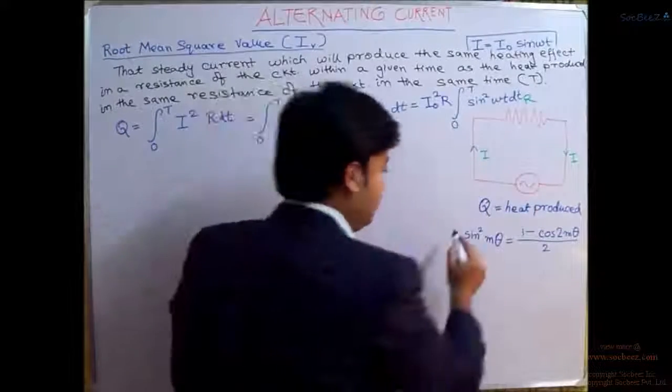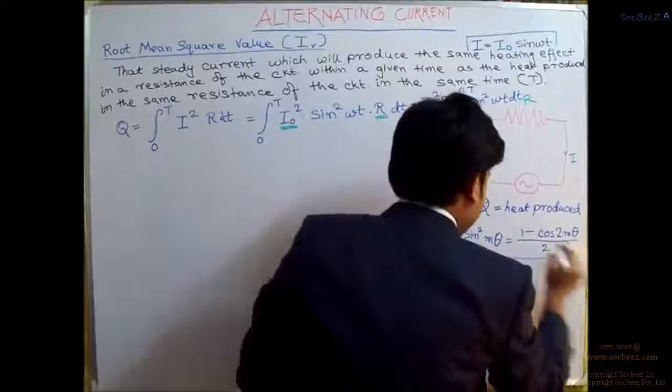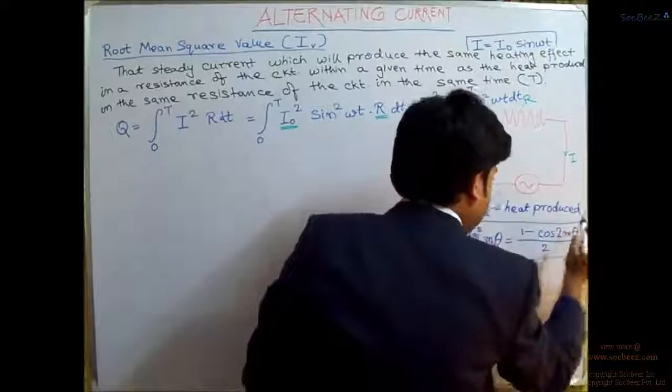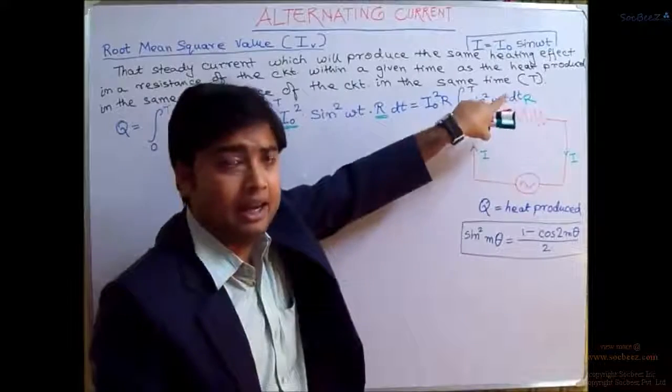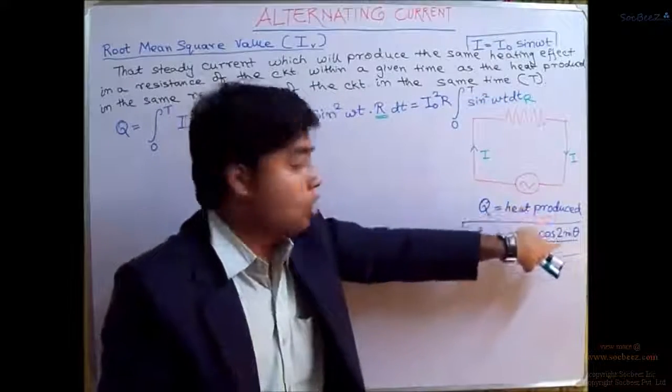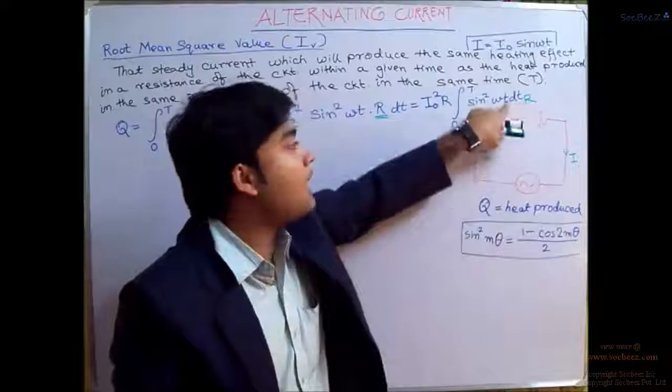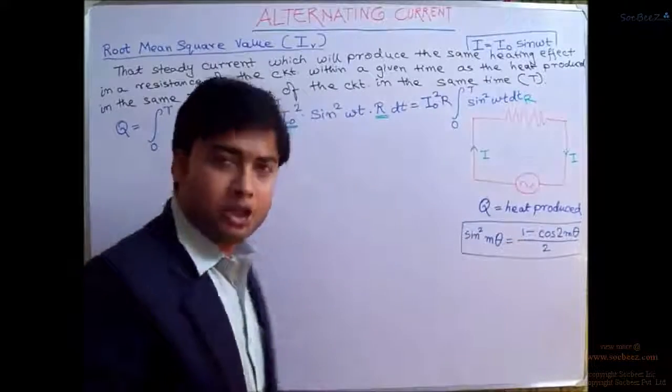We could find it out from trigonometry. So now we are going to replace sine square omega t by 1 minus cos 2 omega t divided by 2.